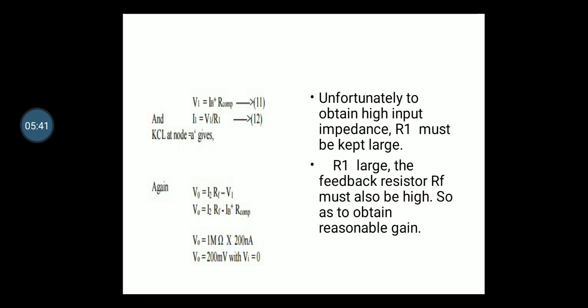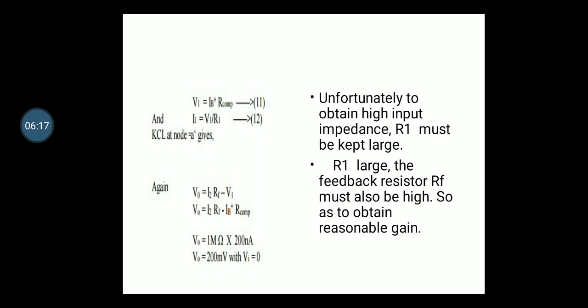With the bias current compensation and with feedback resistor 1 mega ohm, a BJT op amp has the output voltage 200 millivolt. So this is with zero input voltage. So it can be seen that the effect of offset current can be minimized by having a small value of RF. Unfortunately, R1 must be kept large to have high input impedance. If R1 is large, then RF is also large.